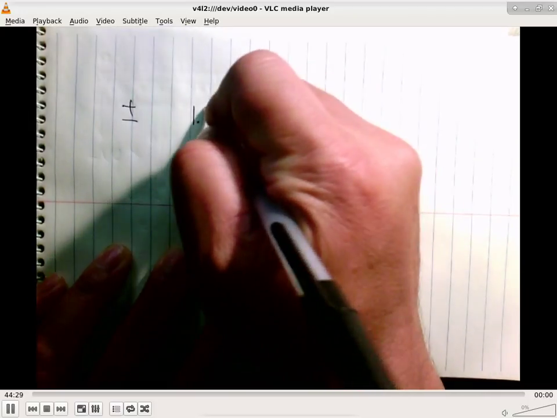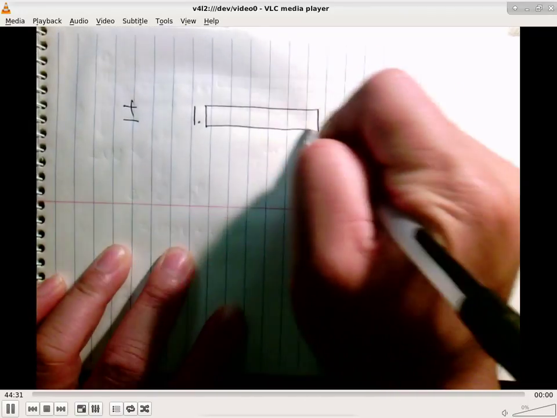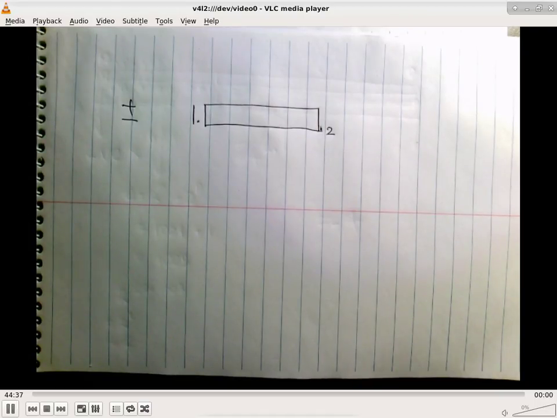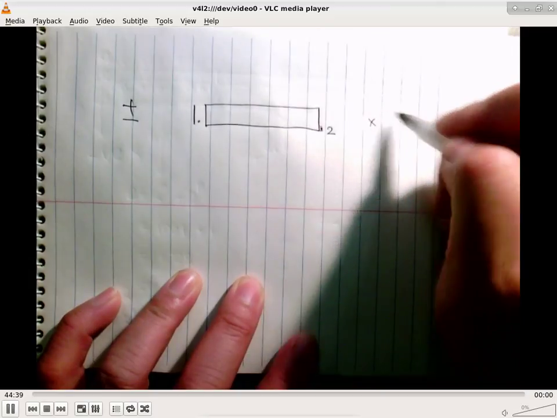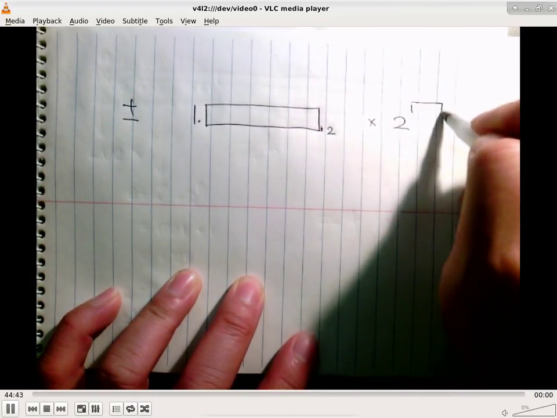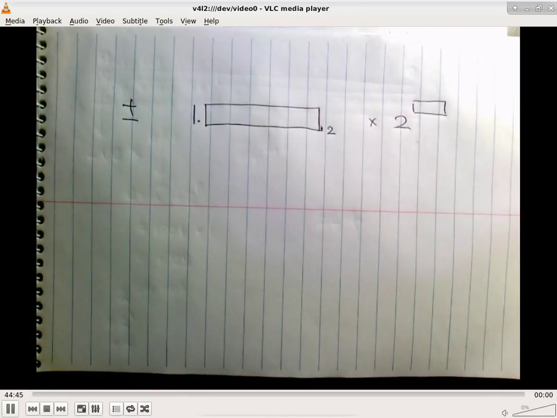I want my mantissa to look like this as a base 2 number, 1 point blah blah blah. Okay, in base 2. And the actual value will have to be multiplied by 2 to the power of some kind of exponent. So we want to look at 5 divided by 32 and say, can we fit this value into that format? That is the question.